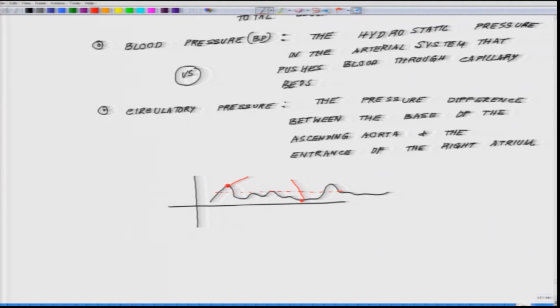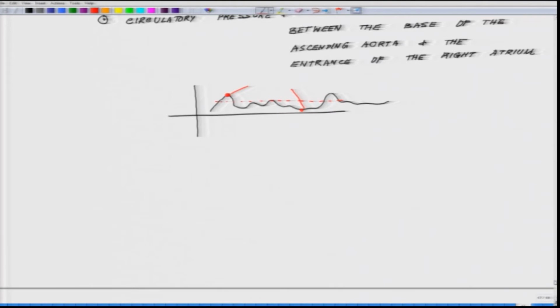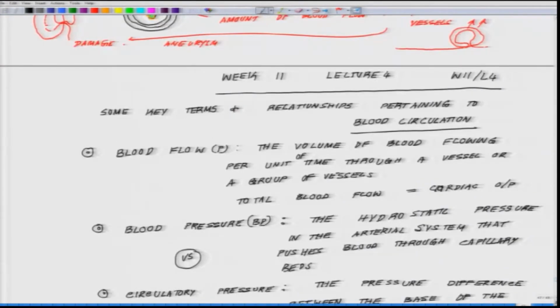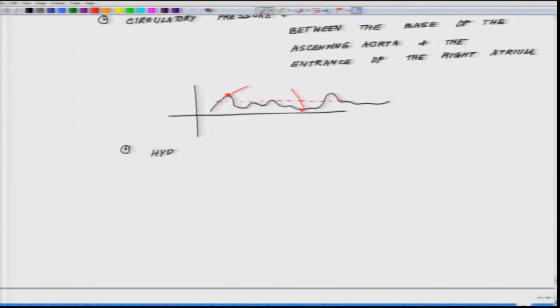That is why I am walking you through these fundamental definitions, because these definitions will be very helpful to understand these basic concepts. Okay. So, now coming back to the next key definition, which is hydrostatic pressure. You have come across this word, I did not explain it purposefully at that time. So, what is hydrostatic pressure?